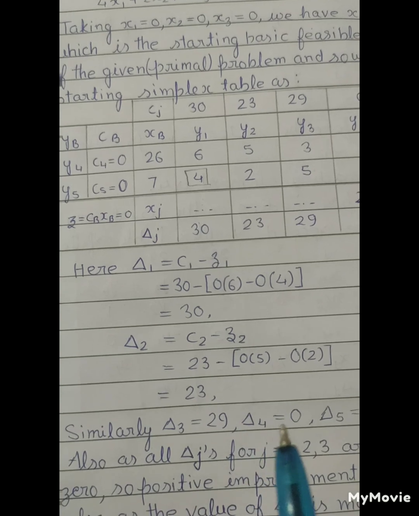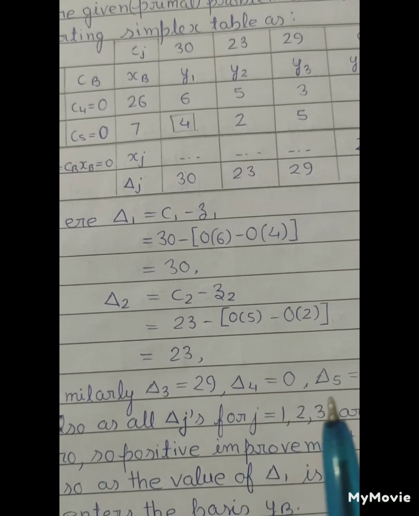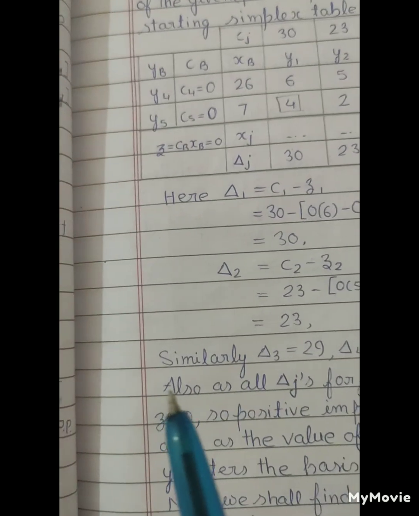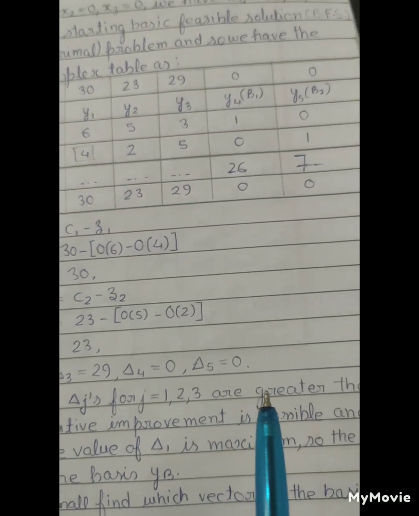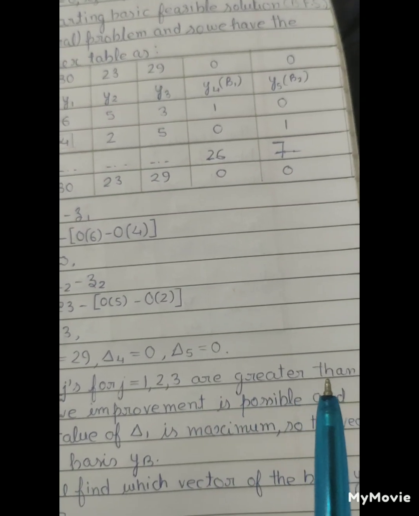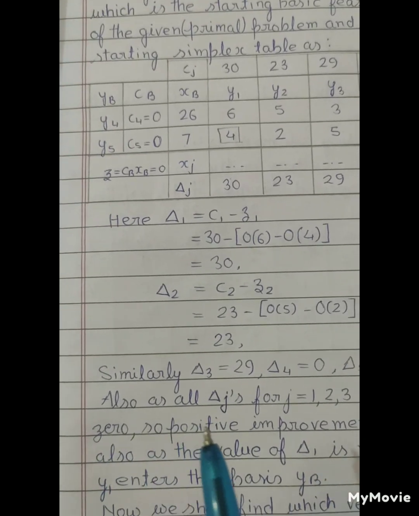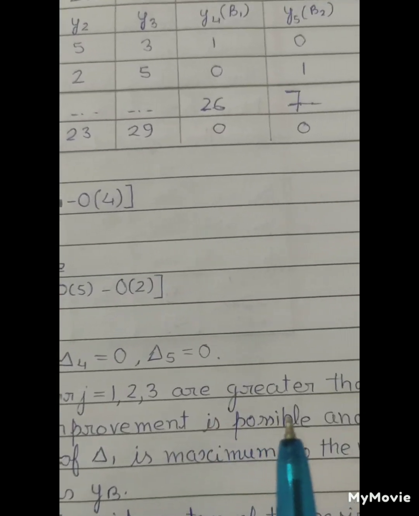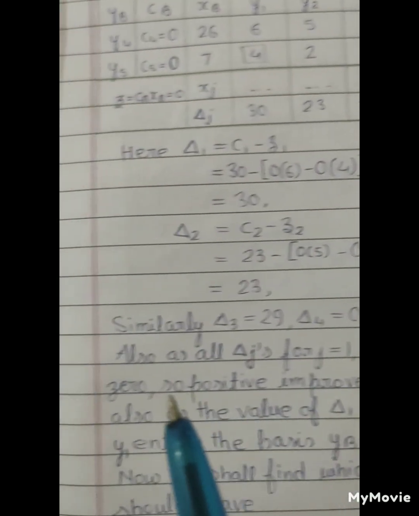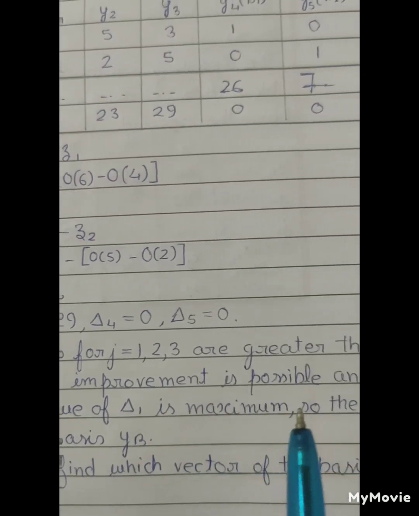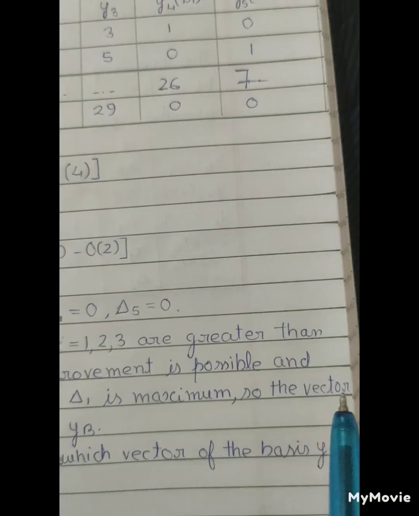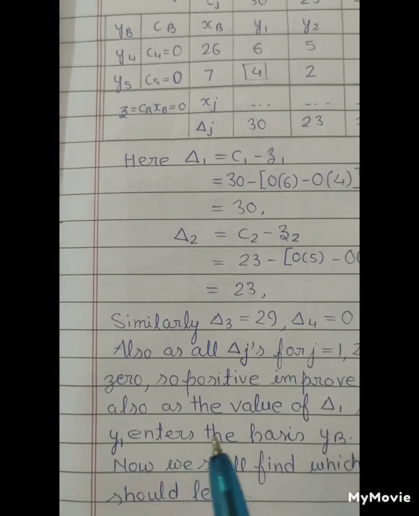Similarly, delta 3 is 29, delta 4 equals 0 and delta 5 equals 0. Also, since delta j for j = 1, 2, 3 are greater than 0, the improvement is possible. And as the value of delta 1 is maximum, the vector y1 enters the basis yb.